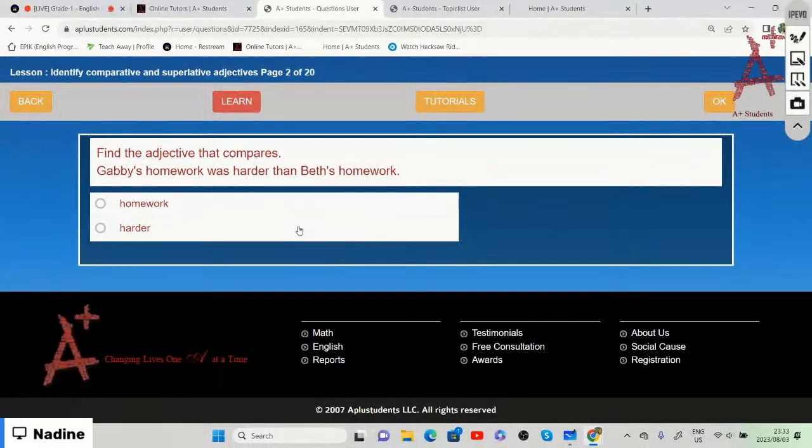So we are comparing two people, places, animals, or things within this question, right? Which means that we need to choose between homework or harder. So not homework, but harder, and it ends in er.